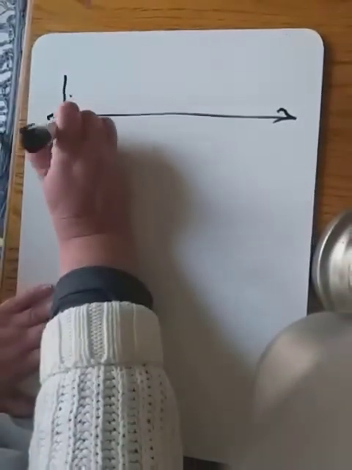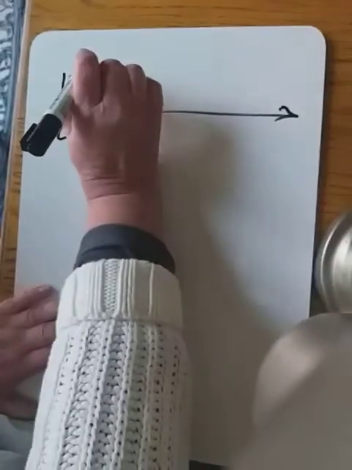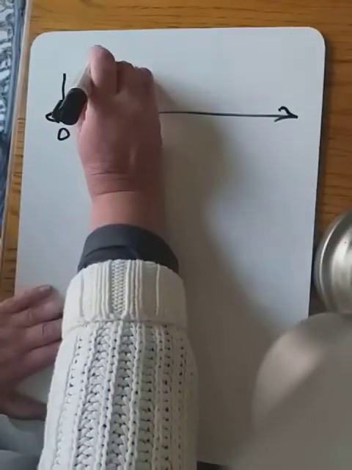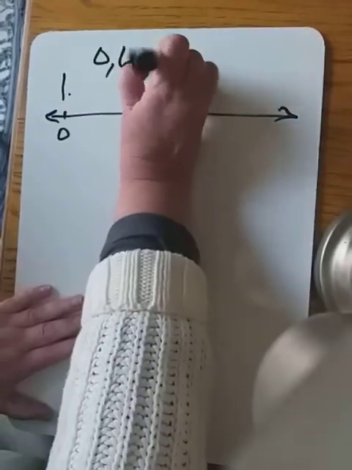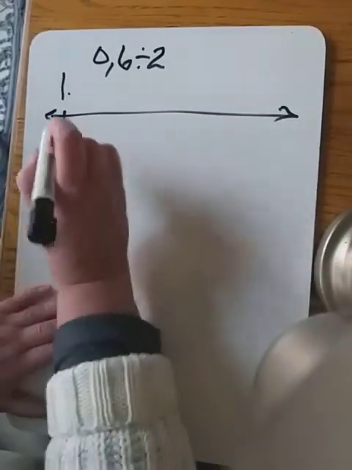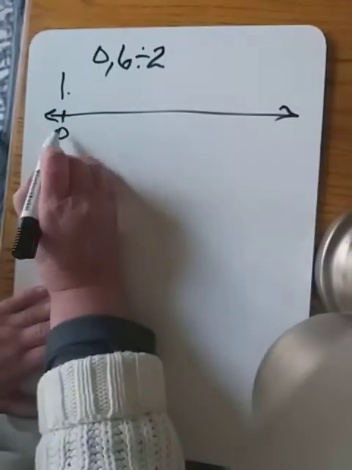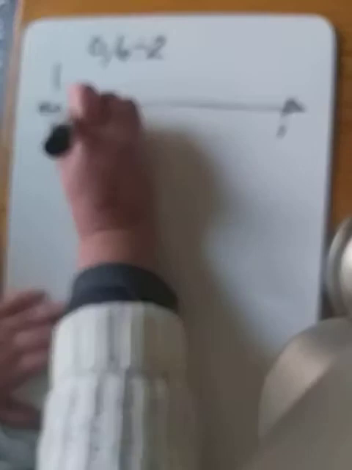So we've got a number line. It says 0,6 divide by 2. The way to show this on a number line, you say it's between 0 and 1. Okay, and we're going to do all the in-between parts.